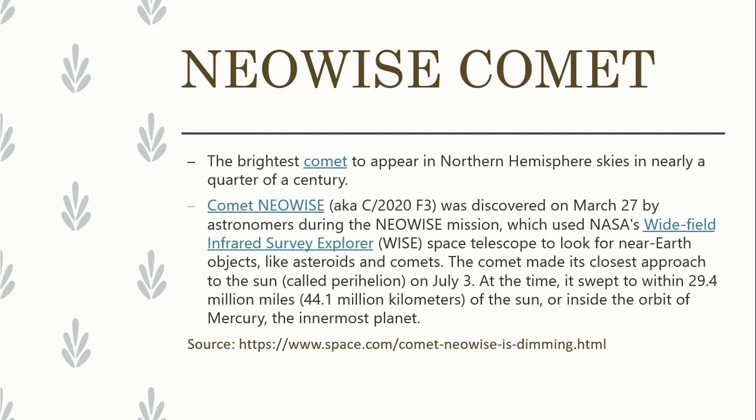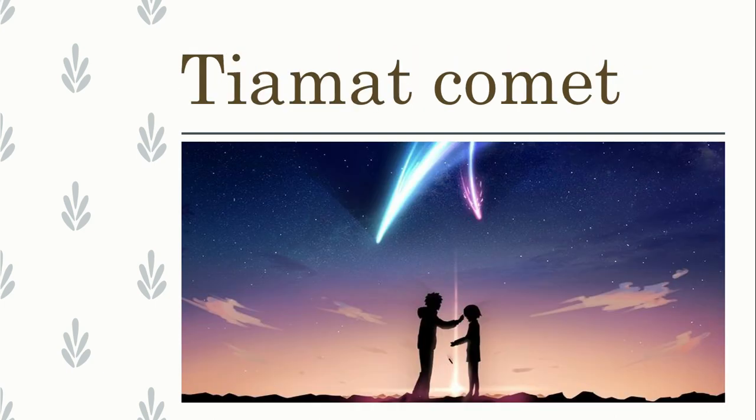The comet made its closest approach to the Sun, called perihelion, on July 3. At the time, it swept to within 29.4 million miles, or 44.1 million kilometers of the Sun, or inside the orbit of Mercury, the innermost planet.